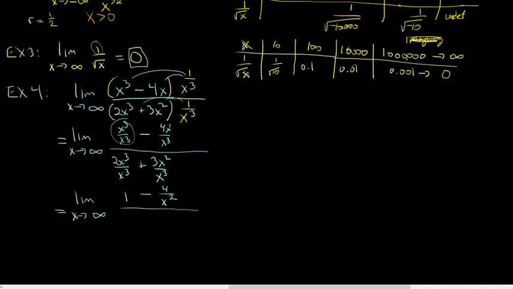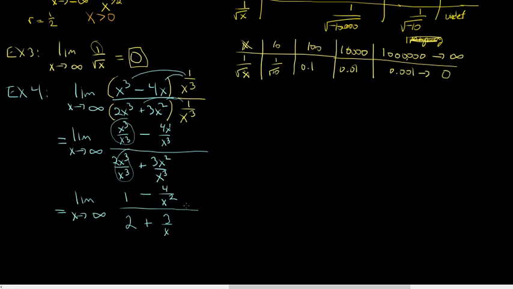And you do the same thing for the denominator here. 2x cubed divided by x cubed, the x cubes just cancel, so this is just 2, plus 3x squared divided by x cubed is going to be 3 divided by x. Is everyone okay with that? That I'm just simplifying all this?